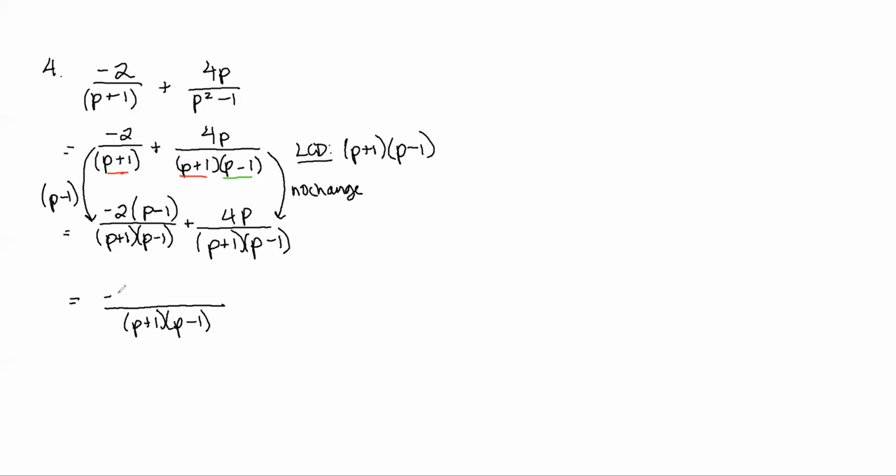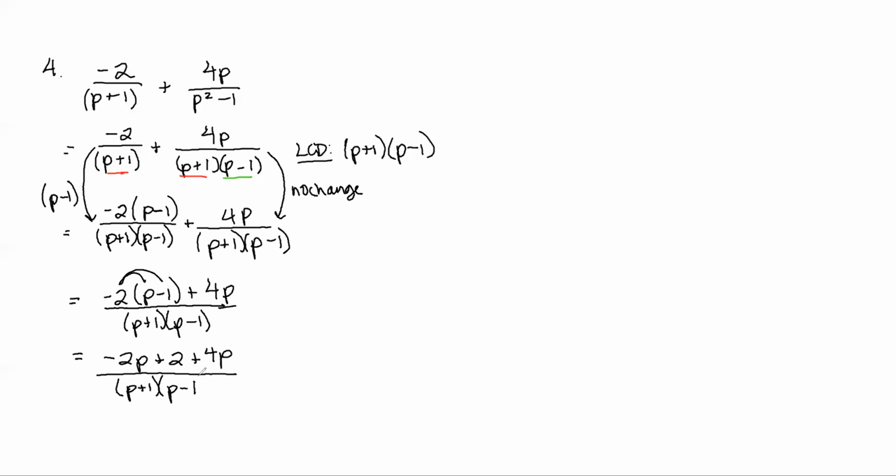So we have negative 2 parentheses p minus 1 plus, that plus sign in the middle, 4p. Now, this expression on the top is something we know how to simplify. We have to distribute. So we get negative 2p plus 2 plus 4p over our denominator.